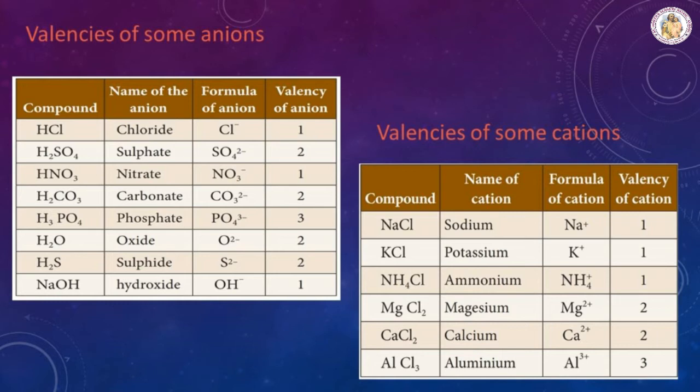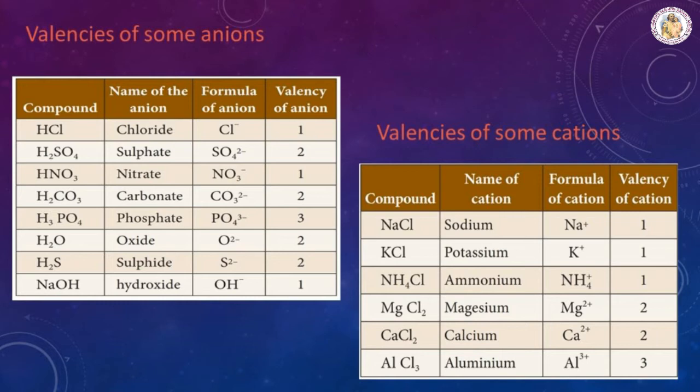Next, in carbonic acid, H2CO3, the name of the anion is carbonate, and the formula of the anion is CO3 2 minus, and the valency of the carbonate ion is 2 because it combined with two hydrogen atoms.